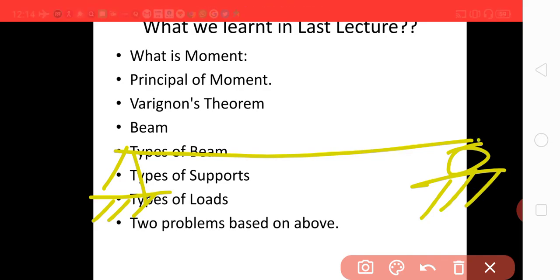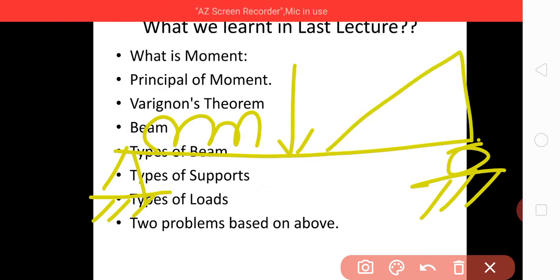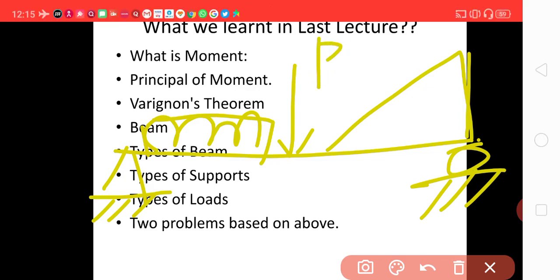It can be loaded. This is a triangular loading, this is a rectangular loading, and this is a point loading. This is point load, this is uniformly applied load, this is uniformly varying load.